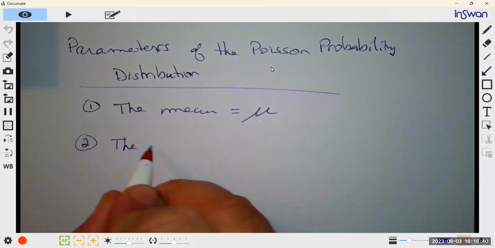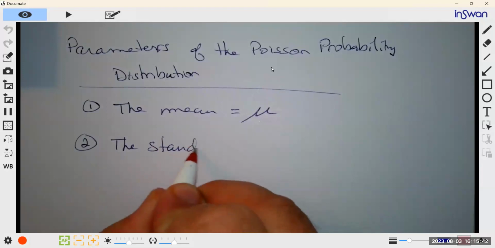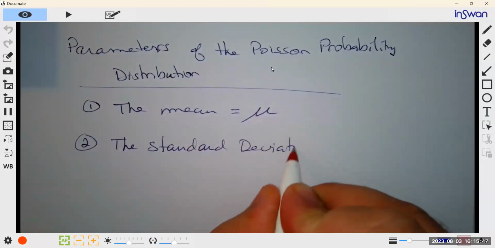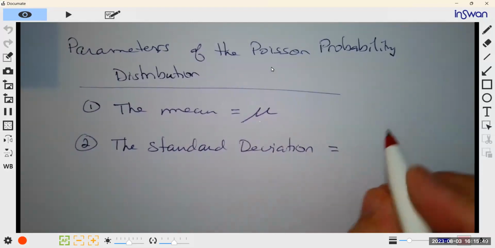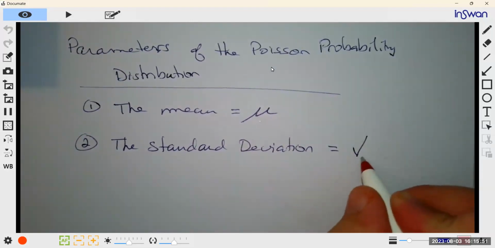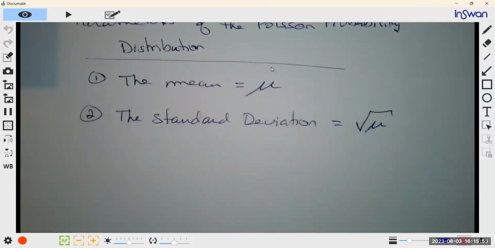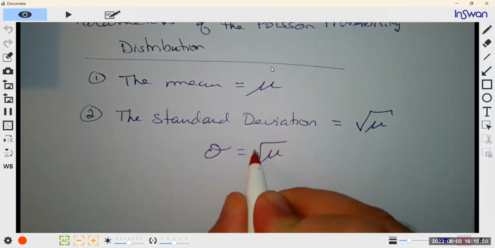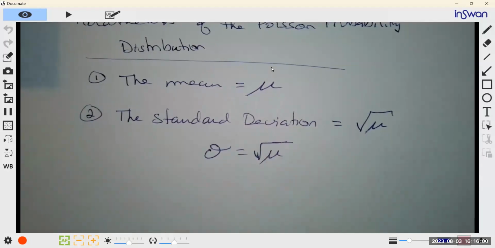And the standard deviation is equal to the square root of mu. So sigma equals the square root of mu. Remember, the whole calculation is determined by the mean itself.